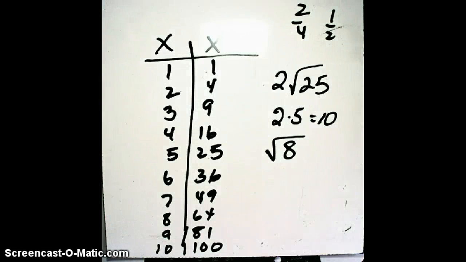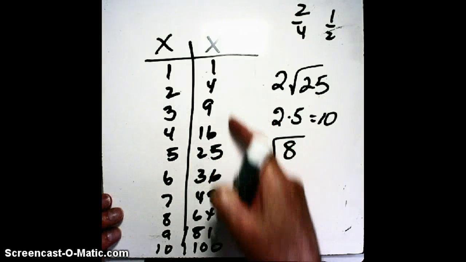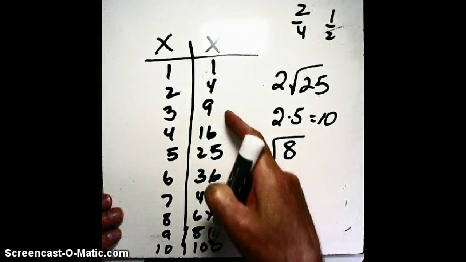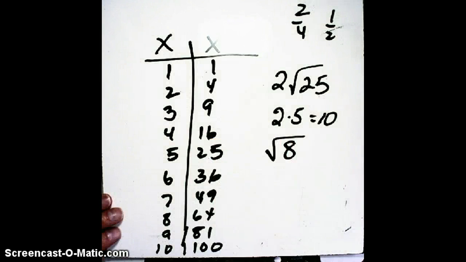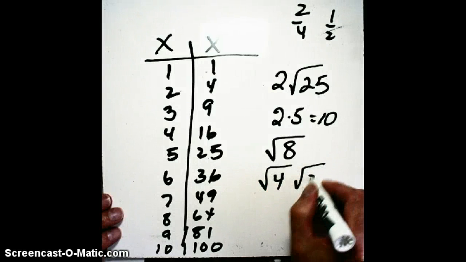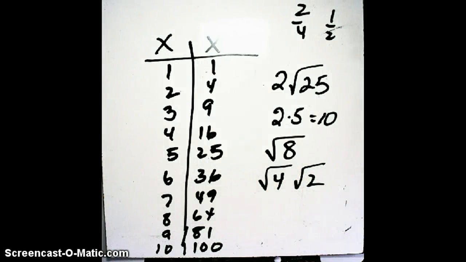You're going to follow a type of procedure working with numbers that helps you take apart a radical and simplify it. Now here's the way to do this. Which one of these numbers on the right goes into 8? Obviously one less than 8, so your choice is 4 would be good. So I'm going to rewrite that as radical 4 times radical 2 because 4 times 2 is 8.